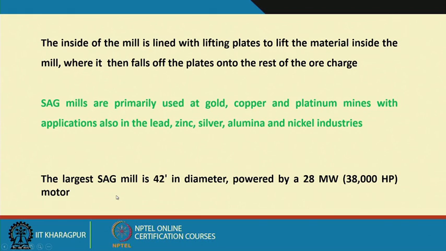The largest SAG mill is 42 feet in diameter. It is a gigantic mill, powered by a 38,000 horsepower motor, which draws around 28 megawatts of power, because you have to rotate the entire mass.